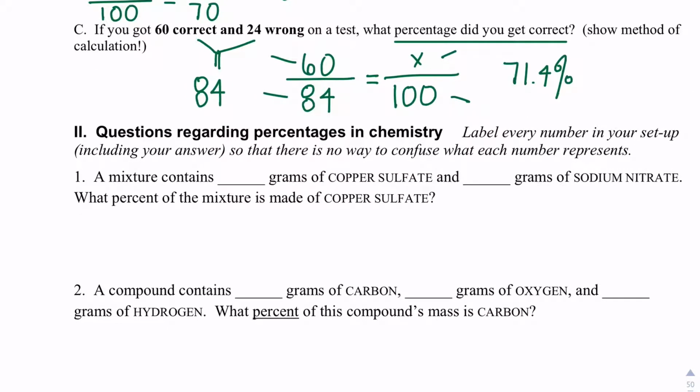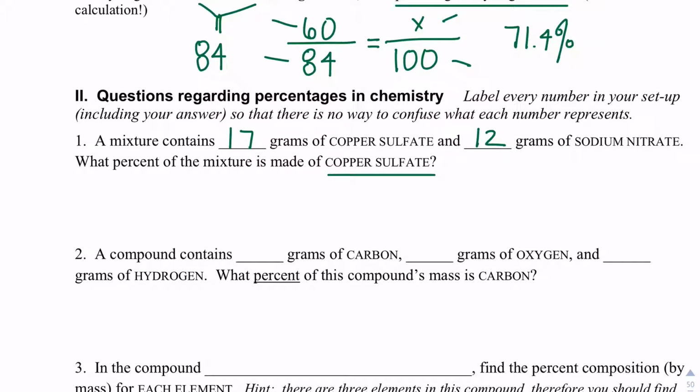We can use percentages in chemistry looking at percent composition. So let's say we have a mixture containing 17 grams of copper sulfate and 12 grams of sodium nitrate. What percent of the mixture is made of copper sulfate? So again, much like the question that we were doing before, we need to know what the total weight of the mixture is.